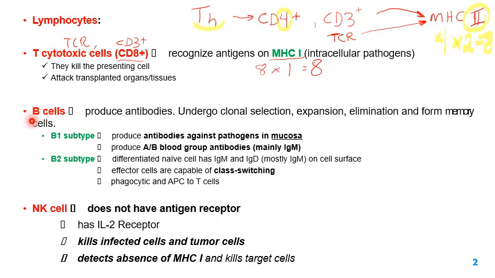Okay? B cells, of course, before they see the antigen, they are naive. And then they see the antigen and they are going to also become more specialized. Okay? Basically, there are two types of B cells. There is the type 1 B cell, so B1 cell, that is mainly present in the immunity of the intestines and some mucosal tissue.